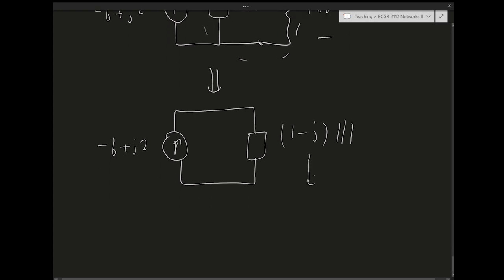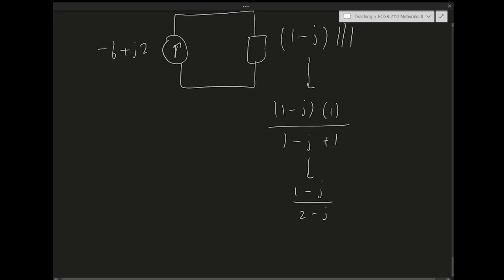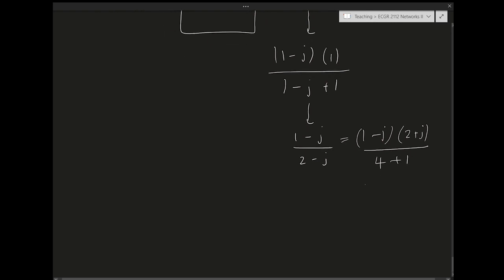What's this impedance? This is going to be 1 minus J times 1 over 1 minus J plus 1. So it's going to be equal to 1 minus J over 2 minus J, which is equal to 1 minus J times 2 plus J over 2 plus J times 2 minus J. That's going to be 2 squared, 4, plus 1, which is 5.